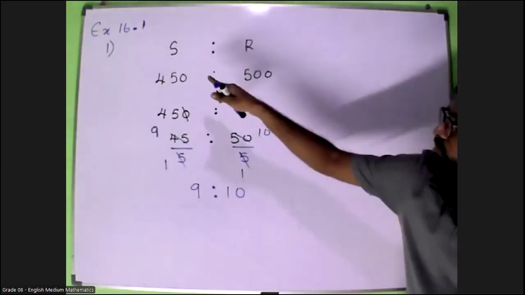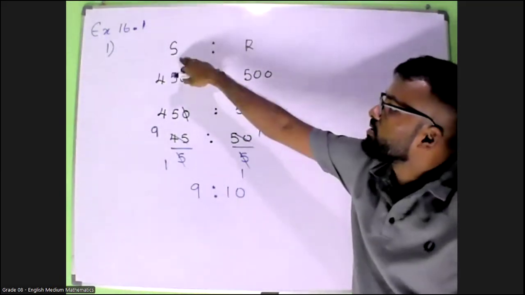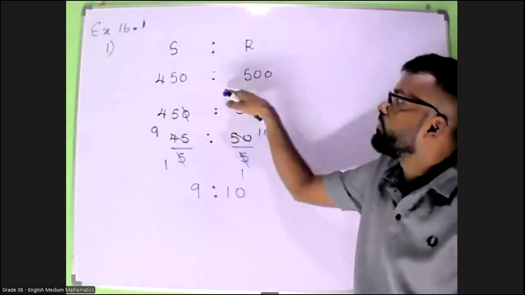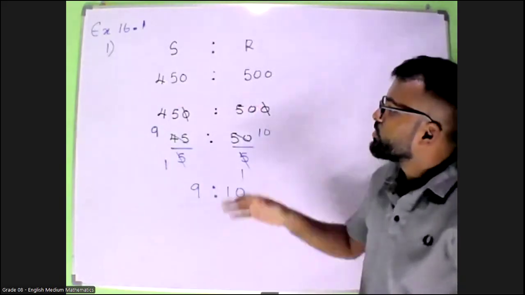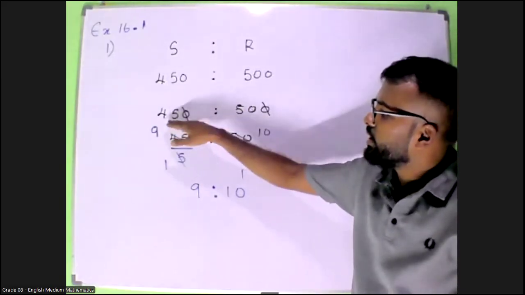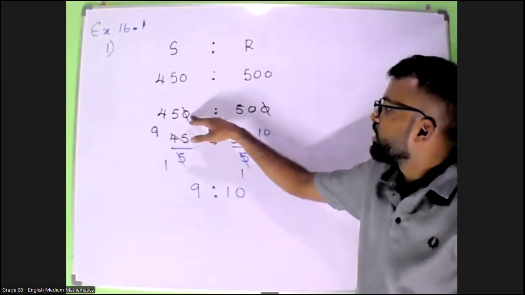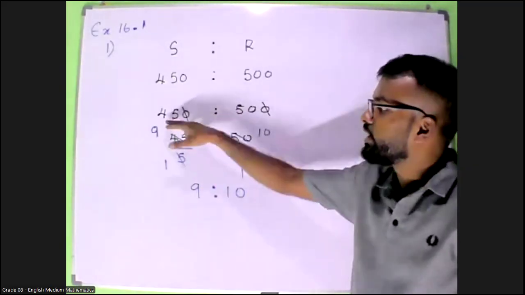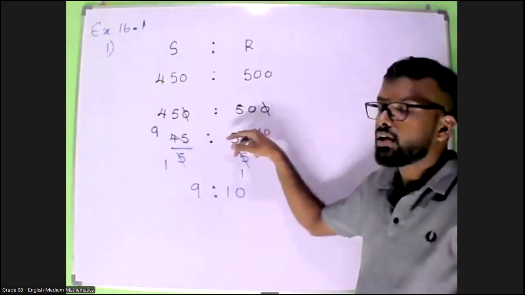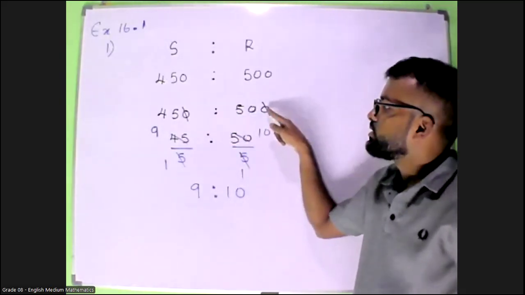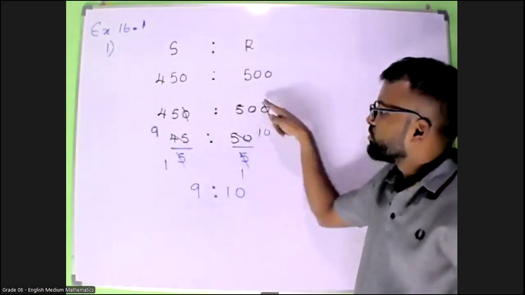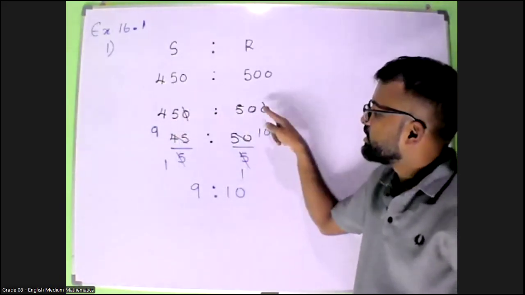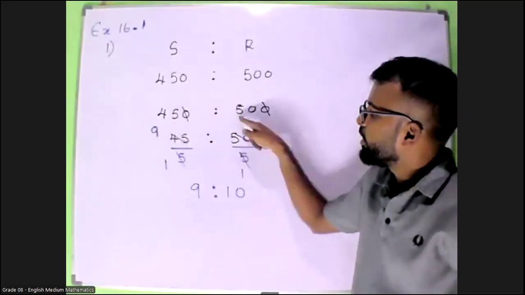Alright, so here Suresh and Rahim had money, 450 and 500. What I have done here is I have simplified this 0 and 0. If you divide this side and this side by 10, you can cancel the 0, 0 to 0. Then what is remaining? 45 to 50.